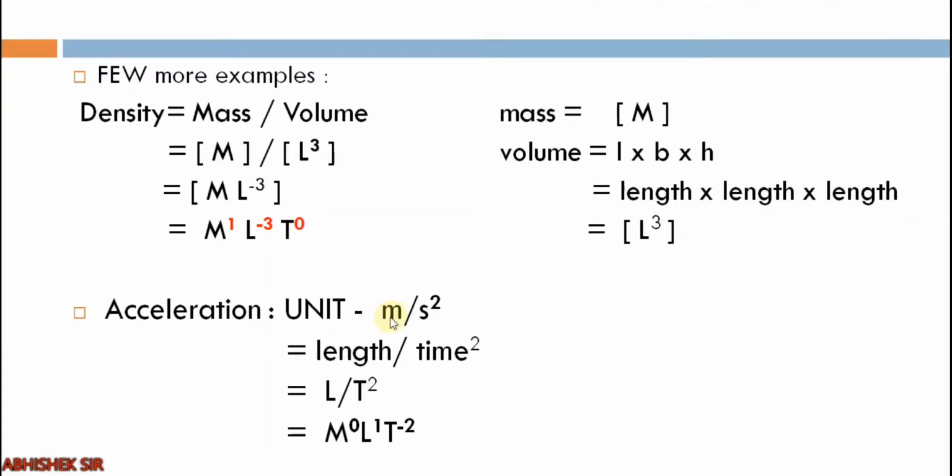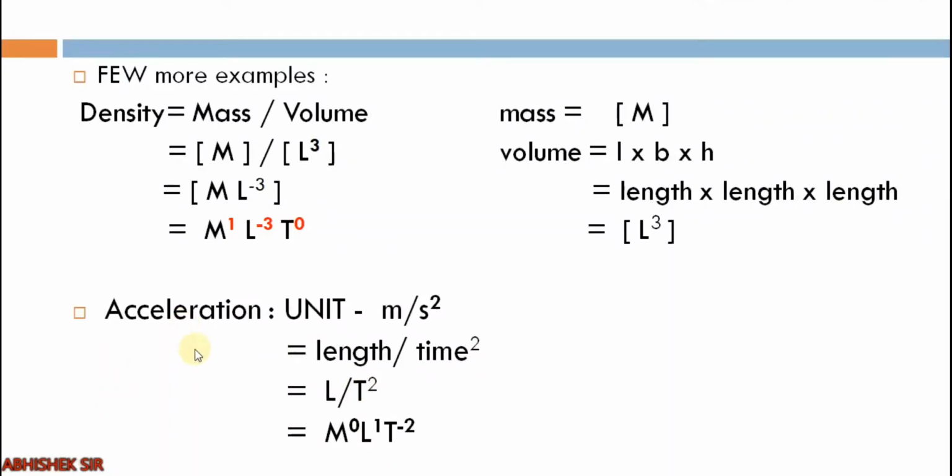Now you see, meter is the unit of length. So in the numerator, instead of meter I kept length, and second square is the unit of time, so in the denominator I kept time square. So meter per second square in dimensional way is called length upon time square, right? The dimensional formula of length is L1, so only L I have written, and upon time square, that is t square.